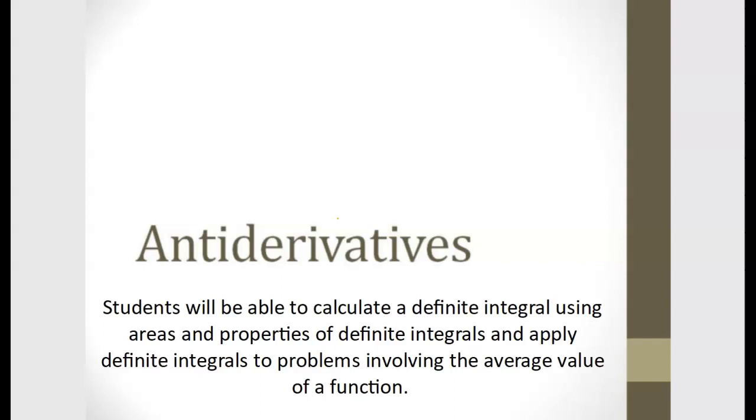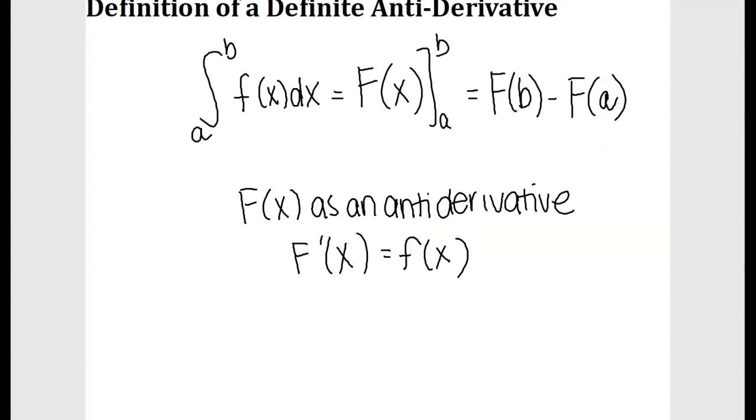And then on the next day we're going to add our mean value theorem. So we had mean value theorem for derivatives. We also have a mean value theorem for integrals. And again, same idea. Mean value means average. So it's going to be the average of the areas under the curves, or the average distance traveled.